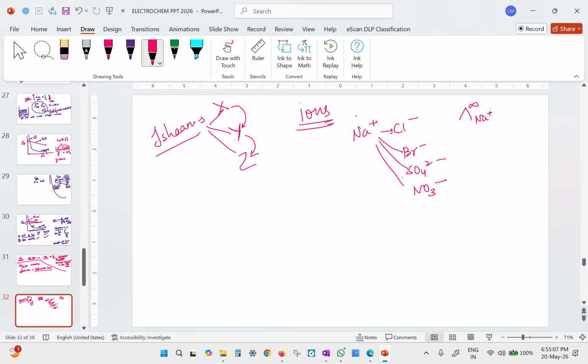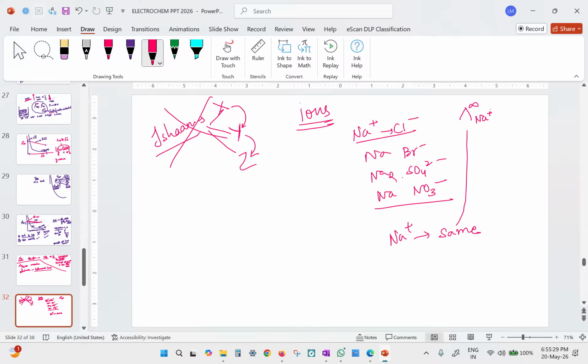So whether you find the sodium ion's conductivity value using NaCl, NaBr, Na2SO4 or NaNO3, the ion's conduction ability remains the same, not like Ishan. Understood? The main reason it remains the same is that we are infinitely diluting, no?